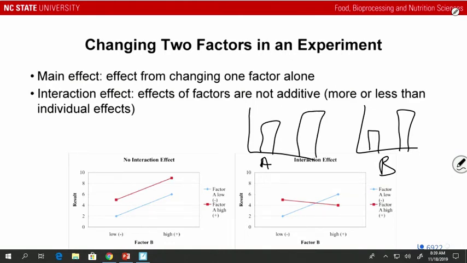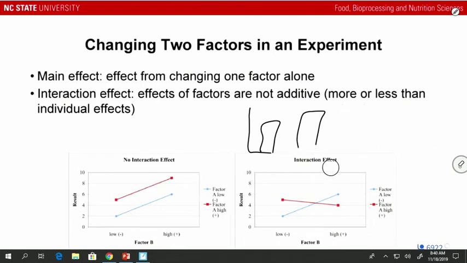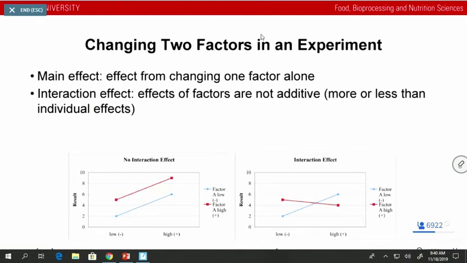You just wouldn't, until you put them both on the same chart. You don't get to do that. Okay, so that's the value of two-way ANOVA. Is you can see, does some sort of synergistic reaction happen when we have both things happening at the same time?